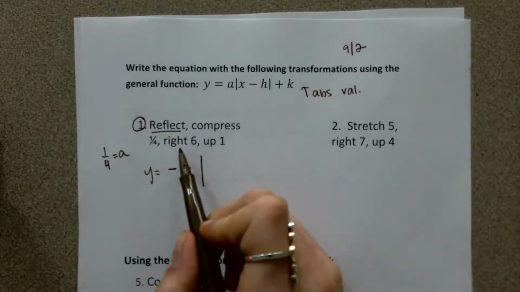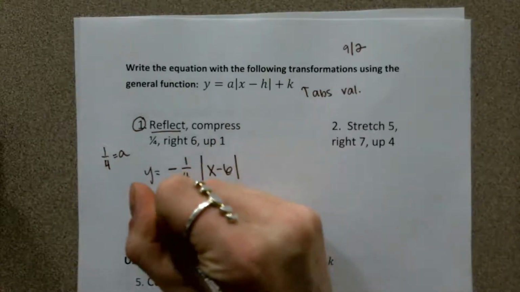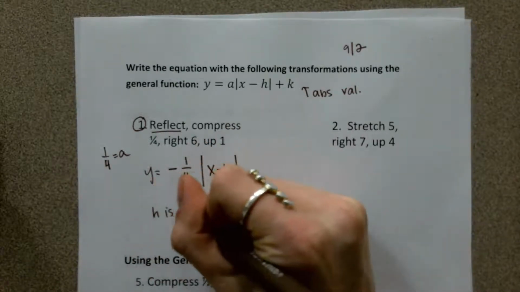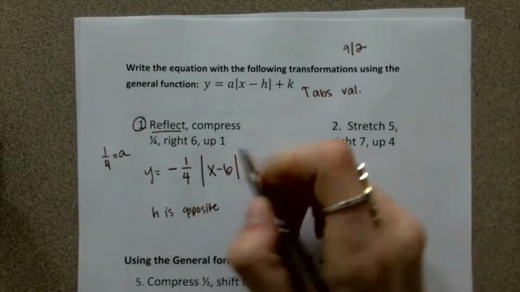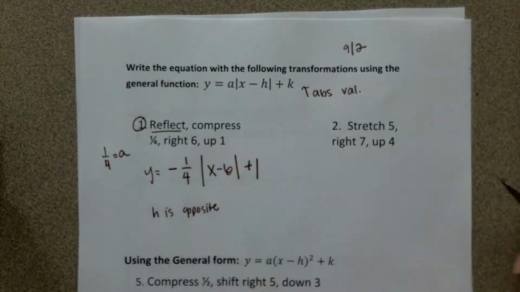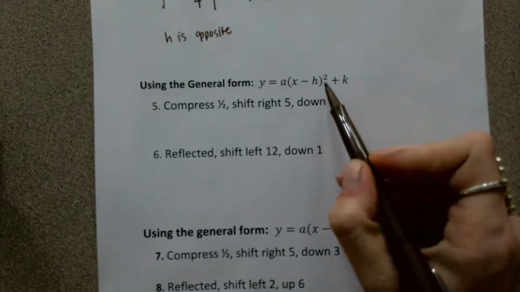It moves to the right 6, so we have x minus 6 because h is opposite. And we move up 1, so we have up 1 on the end. Okay, using the form, now we have a quadratic.